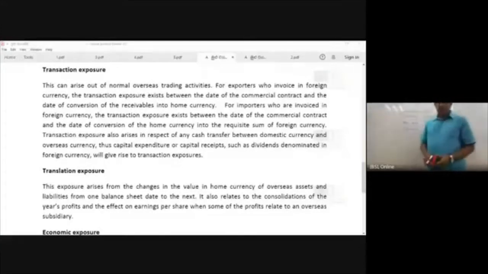Consignment basis means, I'll give a small example. Say there's an exporter who is in Japan, and there's a distributor in Sri Lanka, and the goods will come to the distributor first.